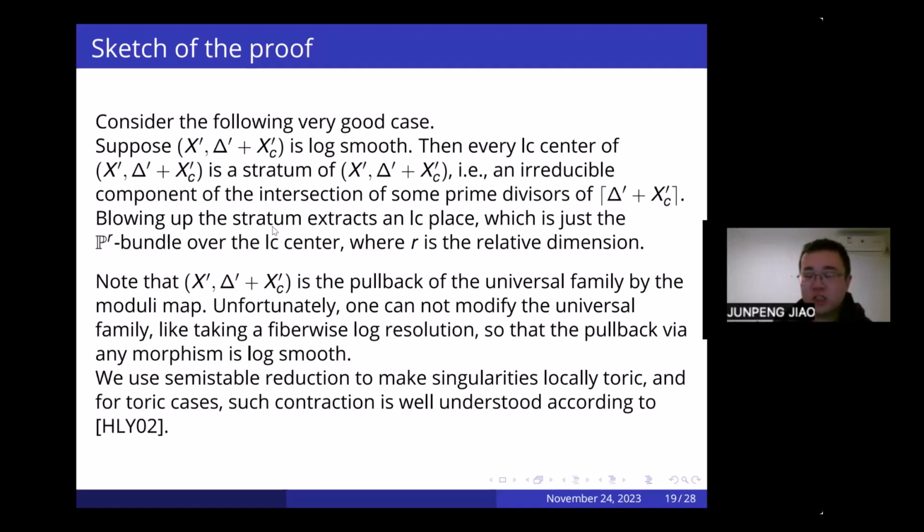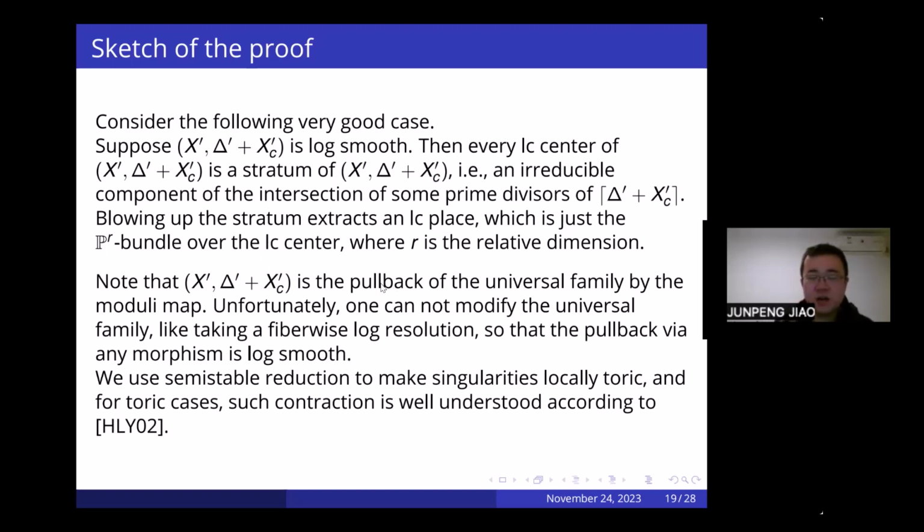So blowing up the stratum will extract an LC place, and because it is smooth, such a blow up is just the P^r bundle over the image, where r is a relative dimension. So if we have this, then once we know that the image of the divisor is bounded, then its P^r bundle is clearly bounded, clearly birationally bounded. Then we know the result.